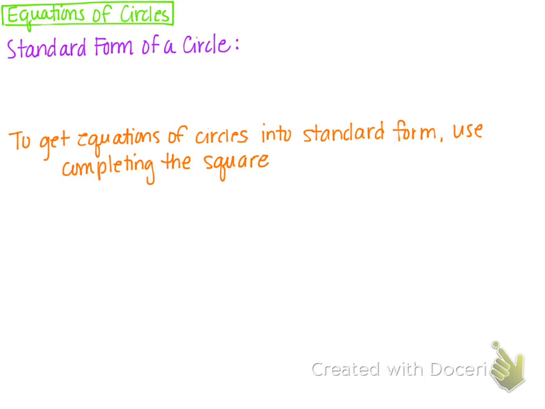All right, now let's talk about equations of circles. Just like we have standard form of linear functions, we also have standard form of the equation of a circle. The standard form is (x minus h) squared plus (y minus k) squared is equal to r squared.